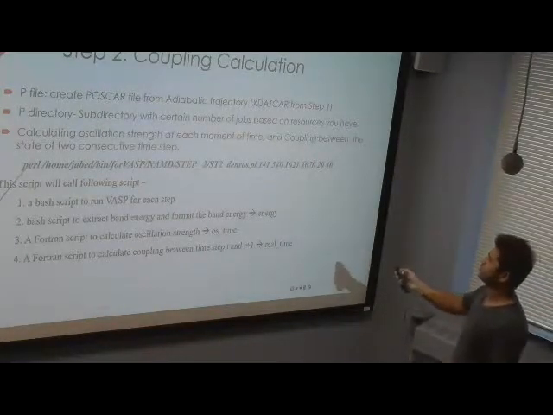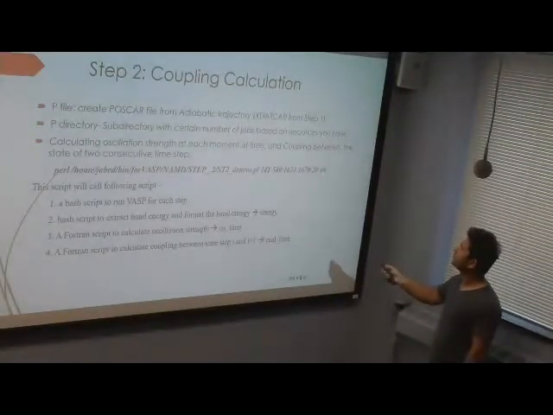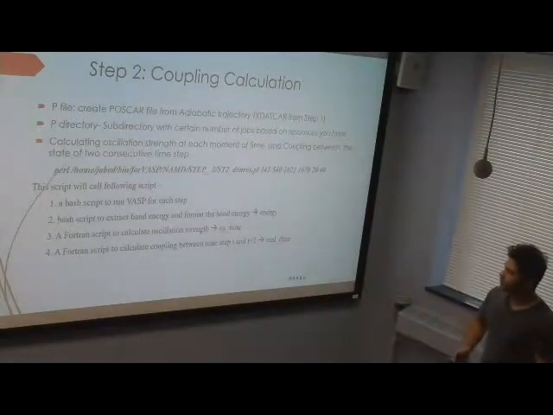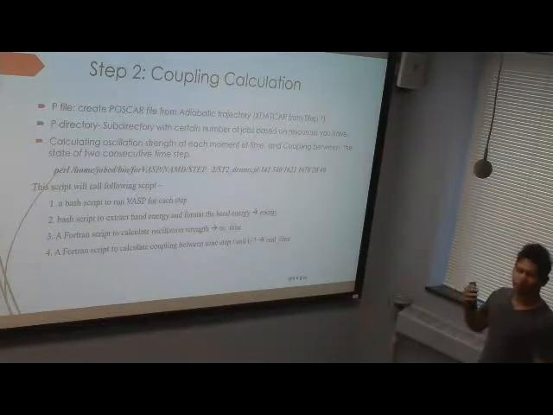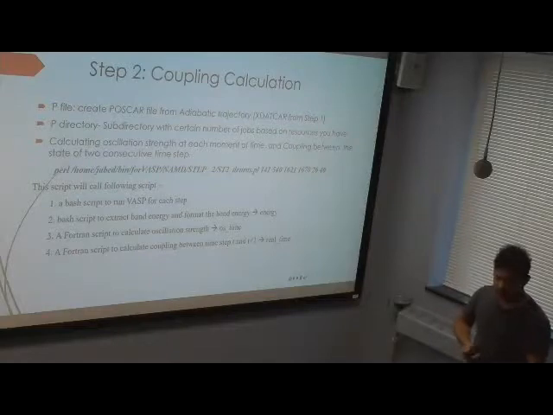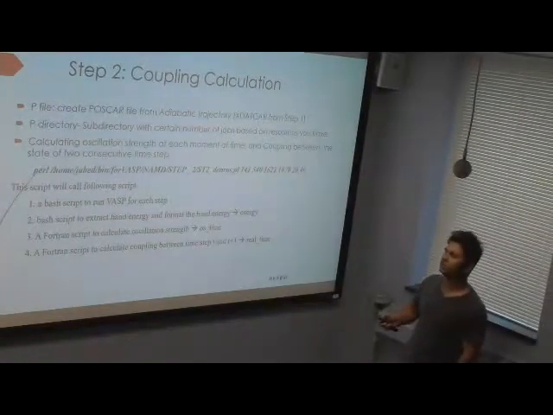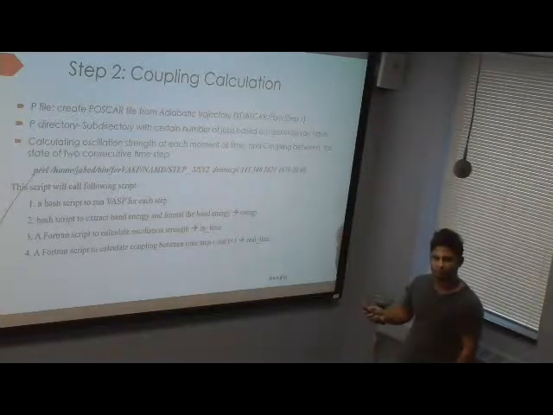So these are the six arguments. If anybody is going to use VASP on Thunder, in these calculations we didn't call VASP directly from here.